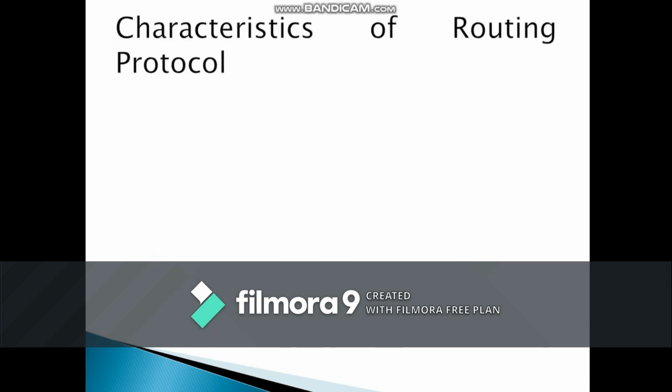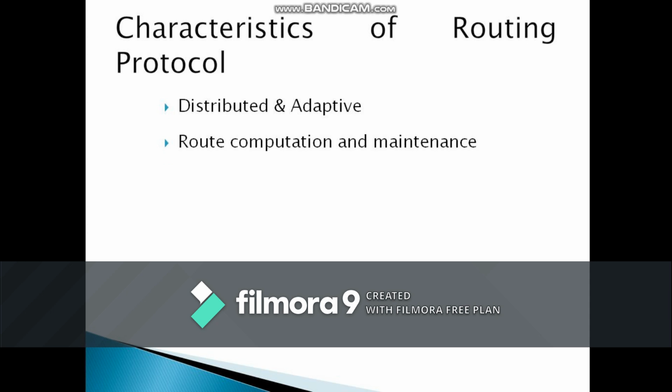Now let us see the characteristics of routing protocols. Distributed routing is more fault tolerant than centralized routing, which involves failure of a single point of contact. Routing computation and maintenance is another important characteristic, which should involve fewer nodes. It must be loop free and free from stale routes.